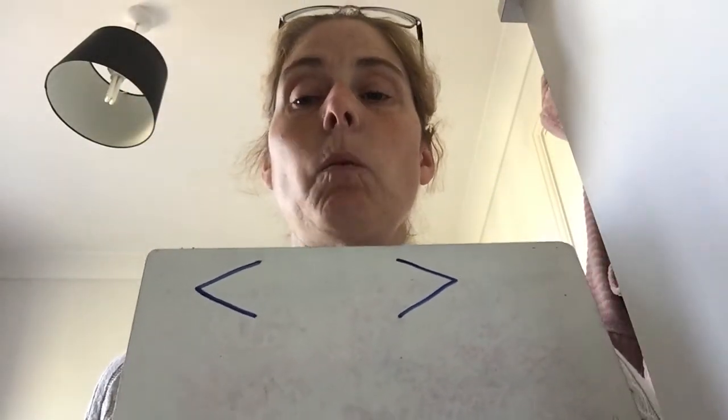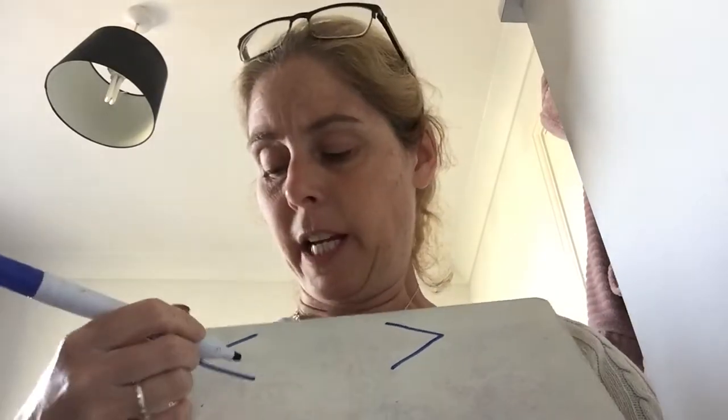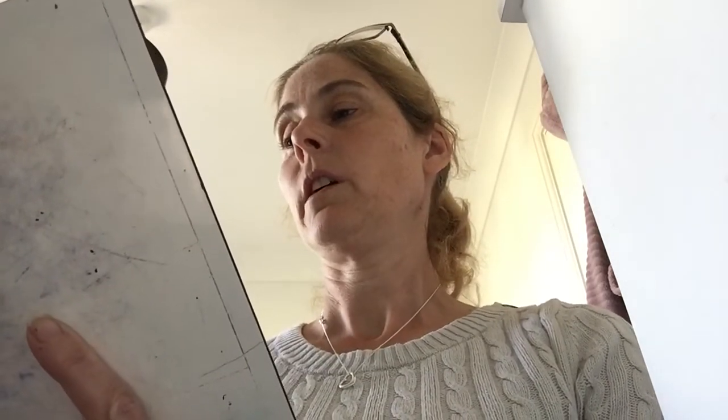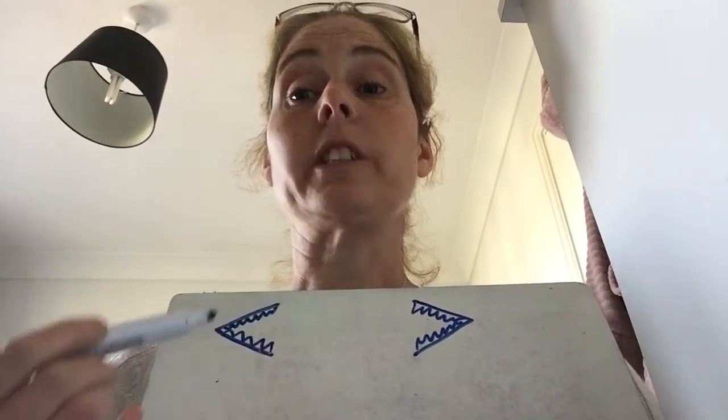Okay, now the way I always remember how these work is I always think of these as being a crocodile. Okay, so this is your crocodile mouth. Okay, so you can even imagine that he's got his teeth in there. Okay, so I always imagine these to be like crocodile mouths.